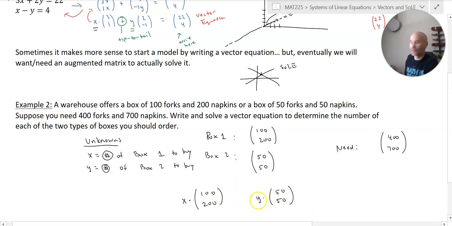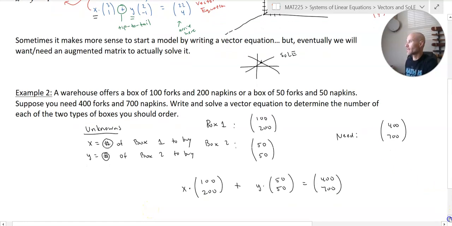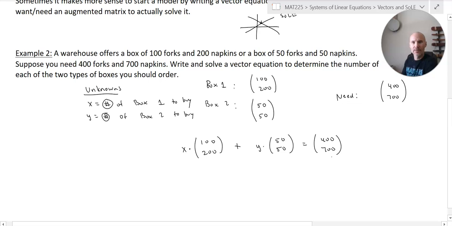And what am I going to do with those 2? I'm going to combine them. That's going to be the total number of forks in the top row and the total number of napkins in the bottom row. I need 400 forks and I need 700 napkins, and there we go. We naturally have a vector equation that was just real quick to put together.